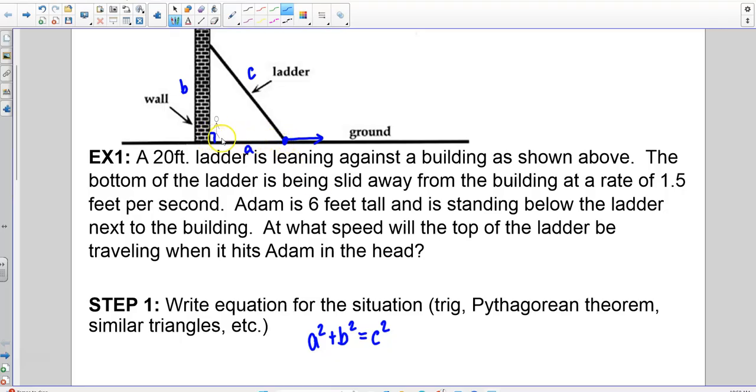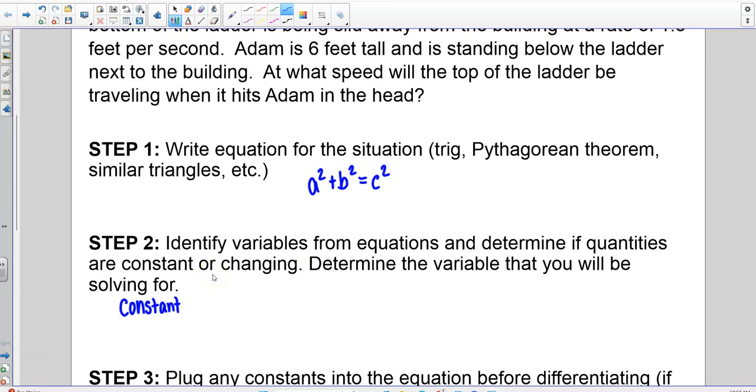So as the ladder gets pulled away from the wall, is A changing? A would be the distance from the wall to the bottom of the ladder. That's changing because the ladder's getting pulled away from the wall, right? B is changing, but C is the length of the ladder, and this ladder is 20 feet long. Does that change? It does not. C is 20 feet, and it's always going to be 20 feet, so we can actually plug that in before we take the derivative.